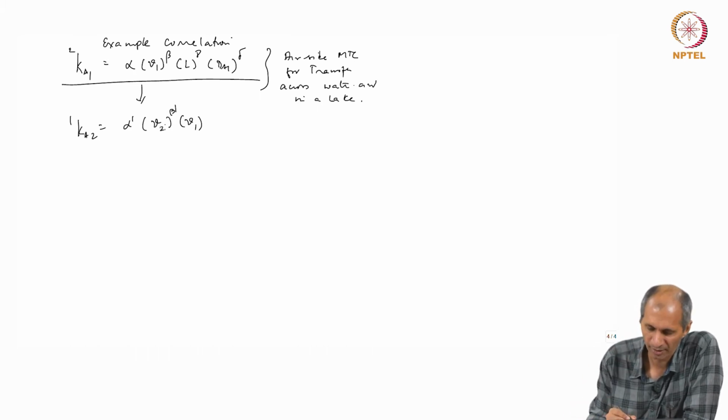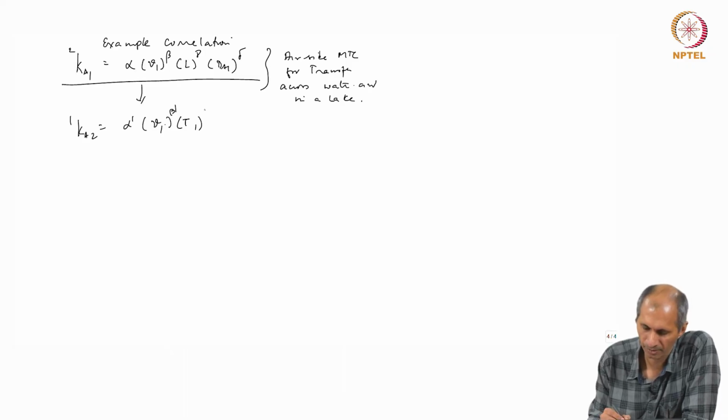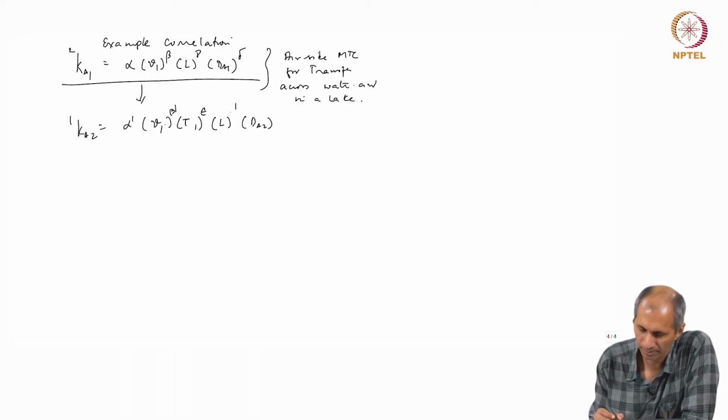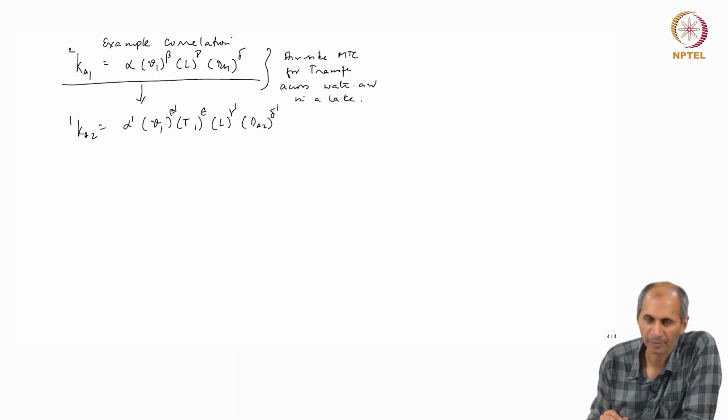So, instead of having V2, we may just have V1 raised to beta, and we may have some temperature term raised to epsilon, then L raised to gamma, and dA2 raised to delta bar. It will have a different correlation for the water side. Okay.